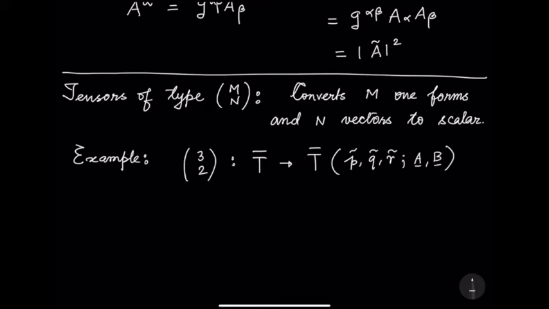How do I write it in terms of its components? Well, you see that the one form components will be downstairs. So let's call them alpha, beta, gamma. And vector components will be upstairs.